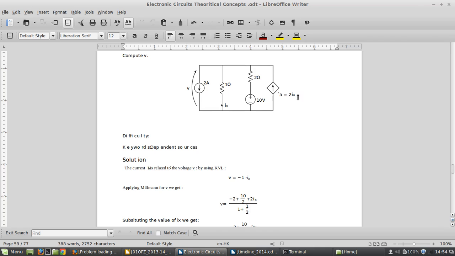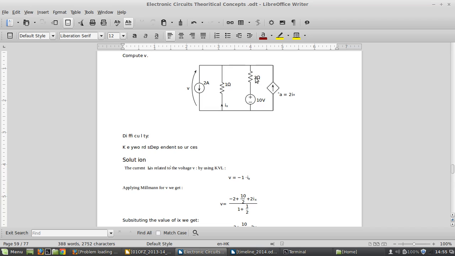The basic idea that I want to show you is that Millman also works for dependent sources. The voltage or current of the dependent source can also be added as a source; they can be taken as part of the summation.